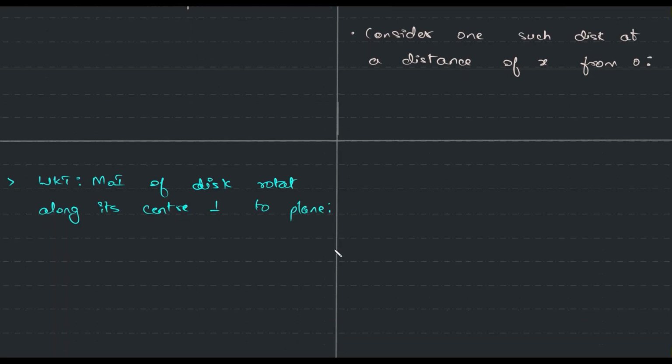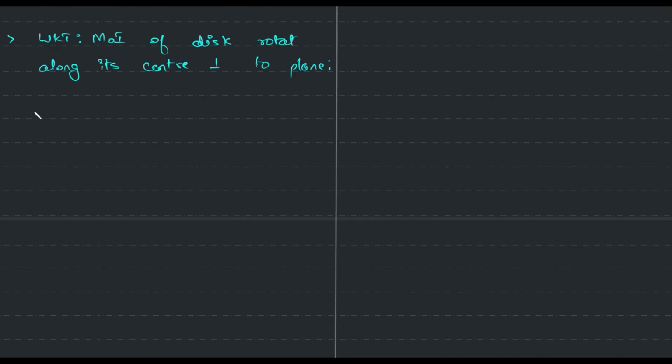By now you guys need to know this formula: I of disk is equal to half of the mass of the disk times the radius squared.